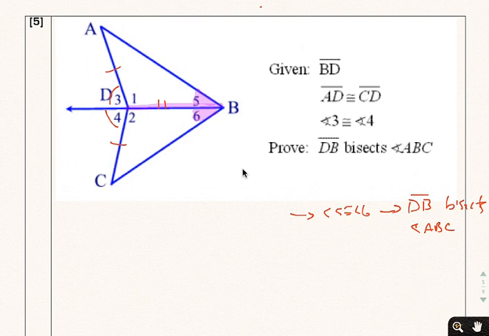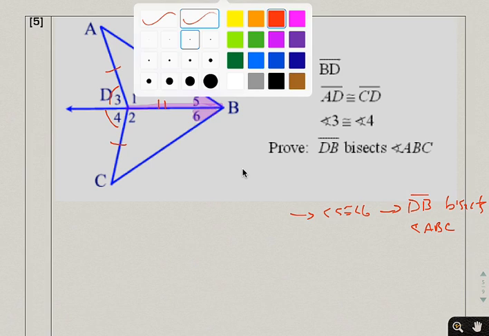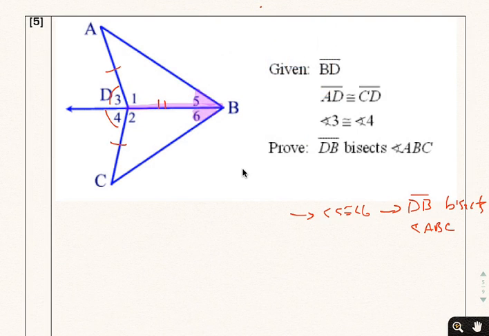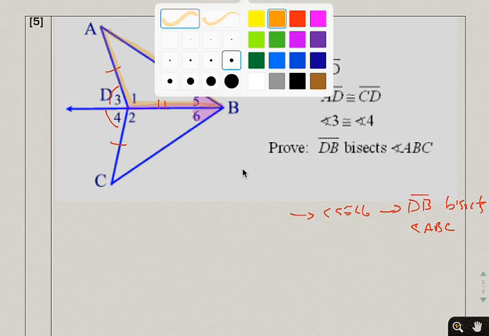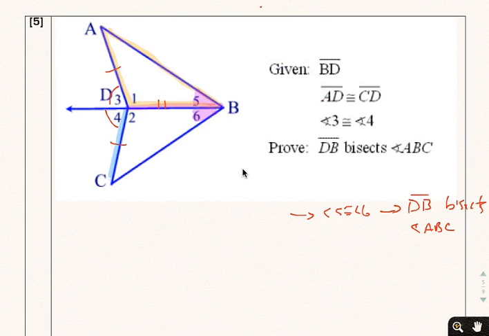I think if we want to prove 5 and 6 are congruent, we again have to look at the big picture. If we look at this 5 and 6 as being part of bigger triangles, again, I think this reduces to simply proving the orange and blue triangles are congruent, because if those triangles are congruent, then my angles have to be.